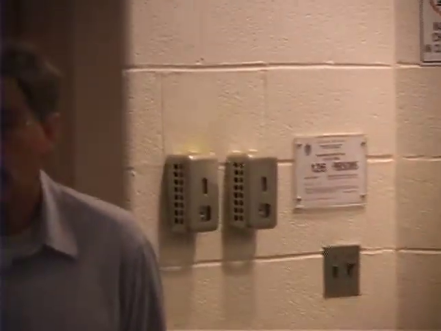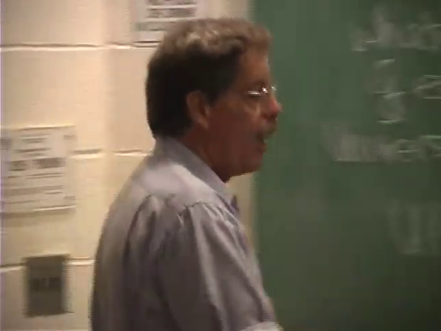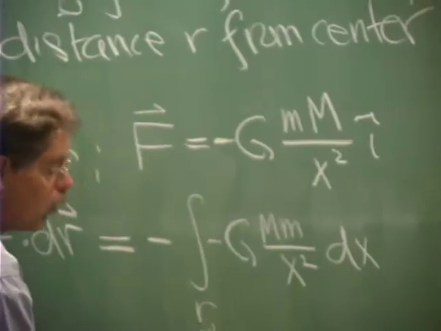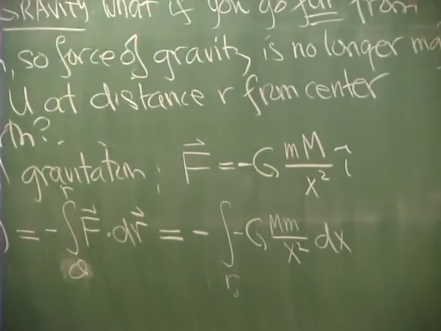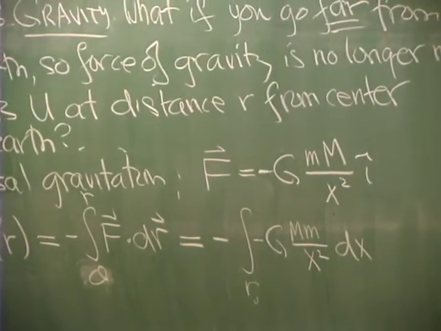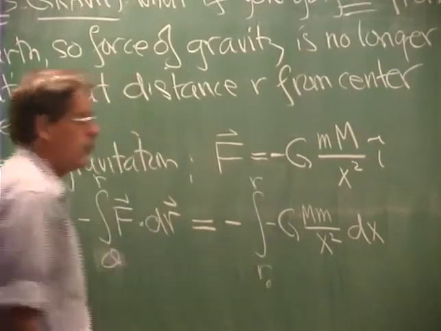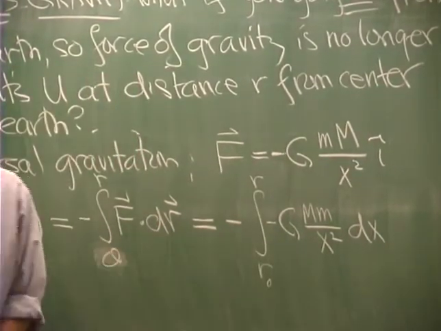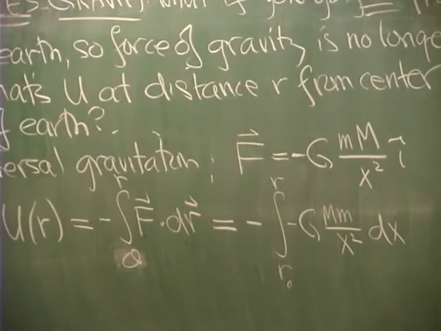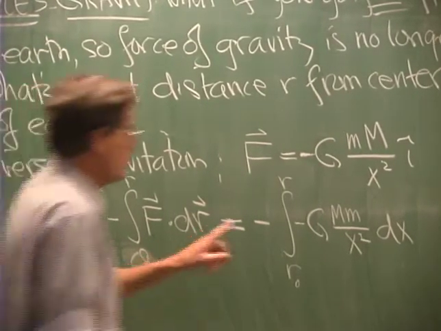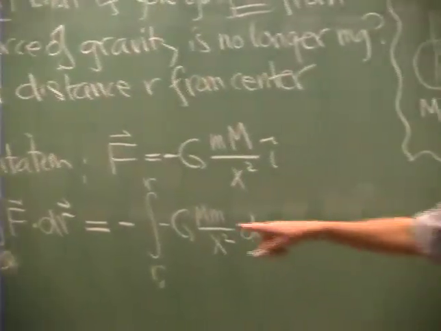You know what? I don't know in this problem. I do, but let's pretend that we don't know what is the natural point to choose as our reference point in this case. I'm just going to call it r0 for the moment, okay? We'll decide when we come to the end of the problem what was a good choice for r0. I want to go from r0 out to r, and I'm not committing myself yet to what r0 is.